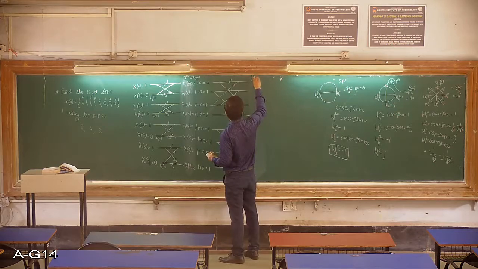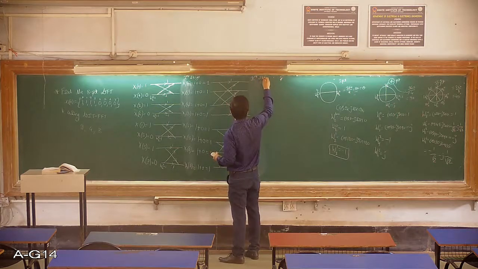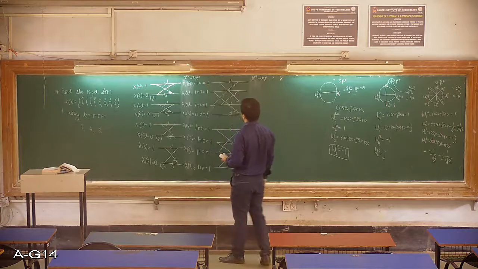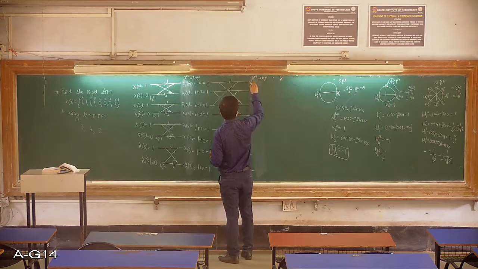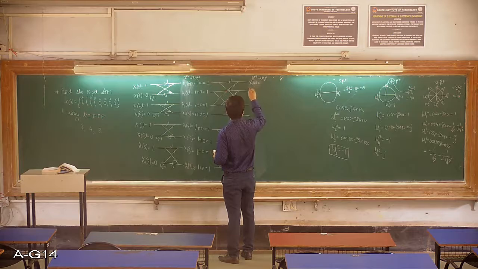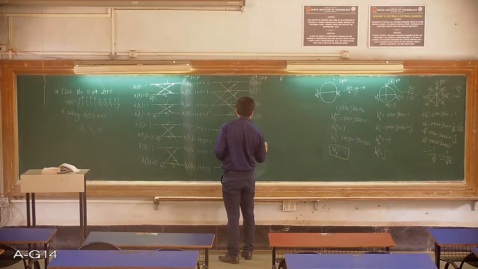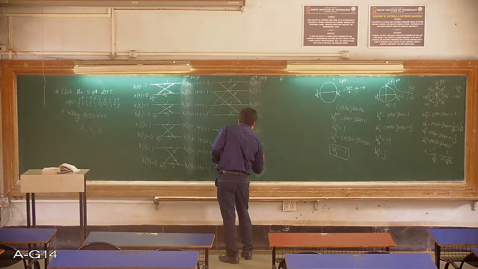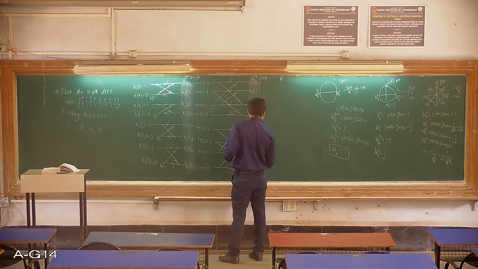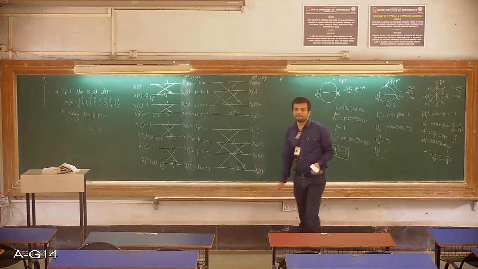So I will take, this is the x2 of 0, x2 of 1, x2 of 2, x2 of 3, x2 of 4, x2 of 5, x2 of 6, and last one is the x2 of 7.